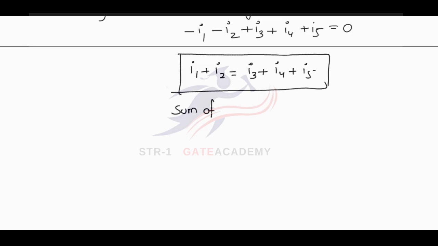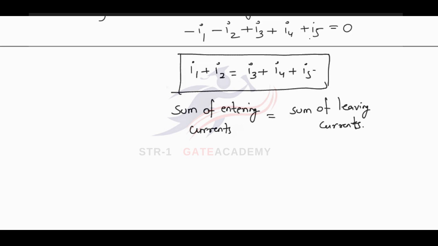From this you can derive that the sum of entering currents is equal to sum of leaving currents. So generally students study this definition. This is also correct, but what I have said is this makes the subject very easy. I'll show you in the next topic in nodal analysis that this helps a lot.